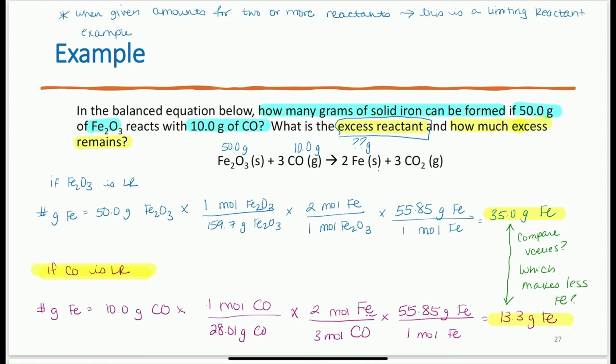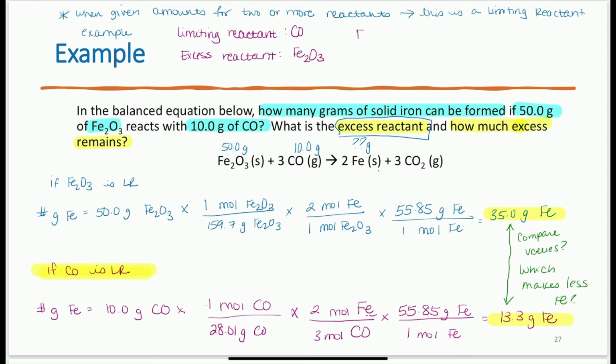But I have not answered the second question yet. The second question is, what is the excess reactant and how much remains? Well, I know right now that my limiting reactant is CO, or carbon monoxide. My excess reactant is iron 3 oxide.